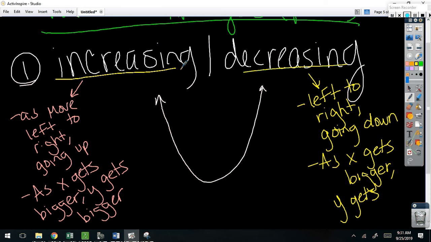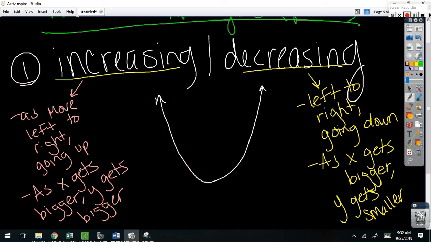When it's increasing, y gets bigger as x gets bigger. But when it's decreasing, as x gets bigger, y gets smaller. It goes down. Now, constant is when there's no change. The only time that happens is when you've got a horizontal line. It's not going up or down as you move from left to right.